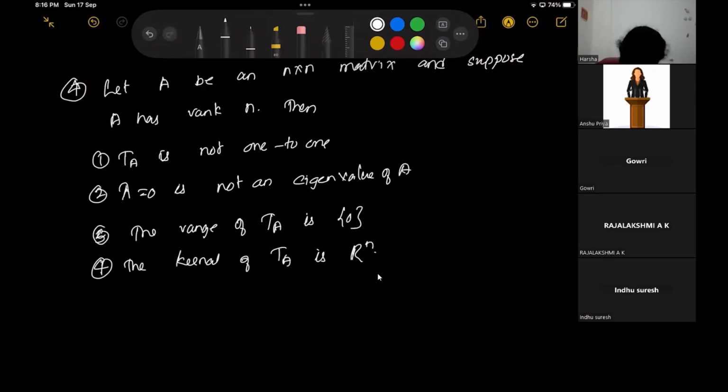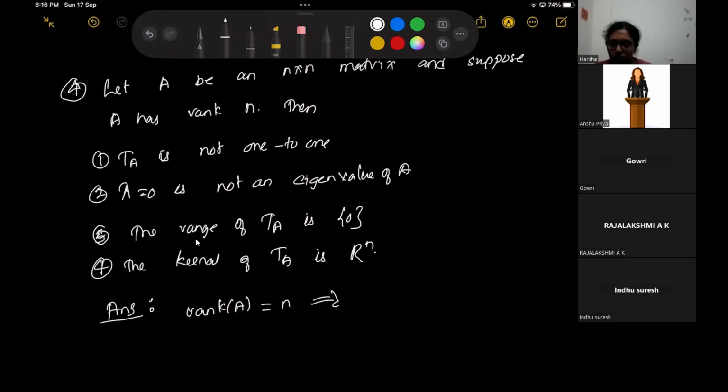Here we will slowly start. Second option, we will see why the second option is correct and why all other options are wrong. Here rank of A equal to n. So can you think about the rank nullity theorem?